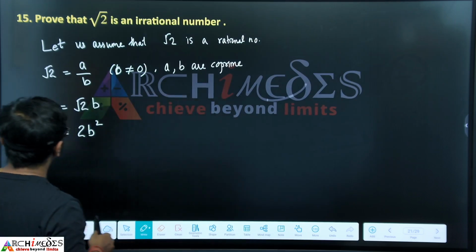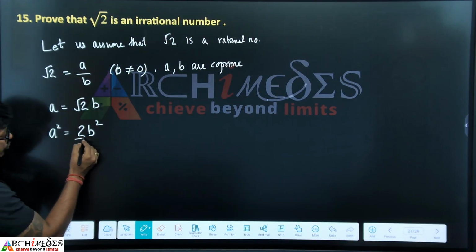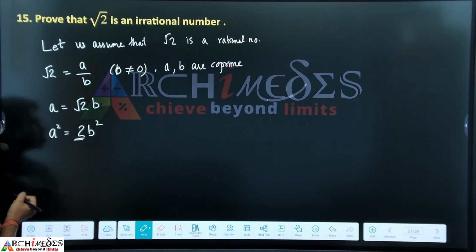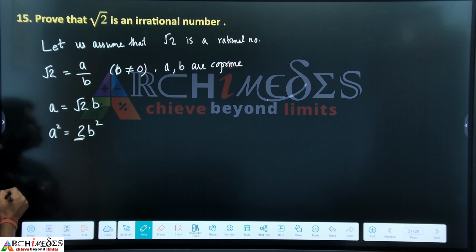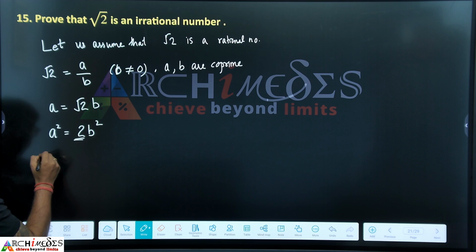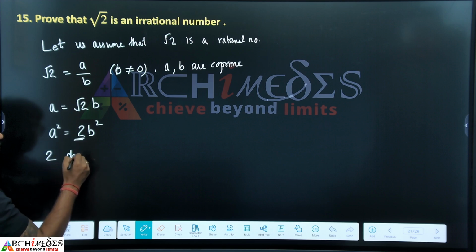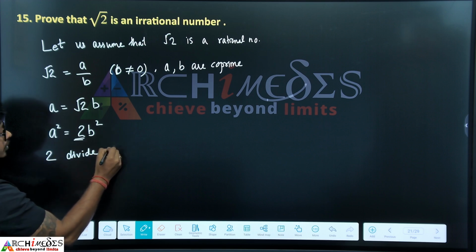So look, a square contains the factor 2, yes or no? What did you see in a square? 2. So we can say that 2 divides a square.